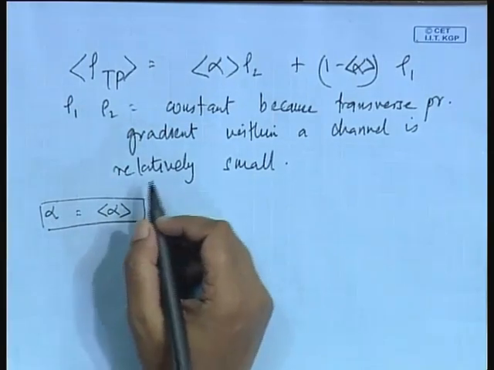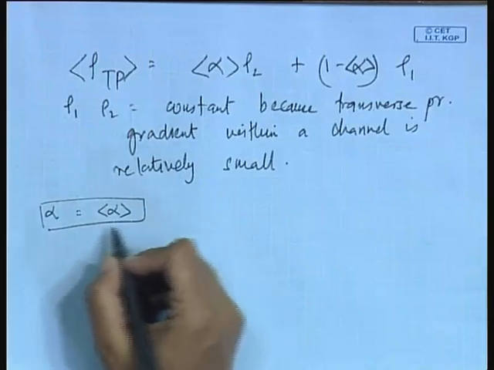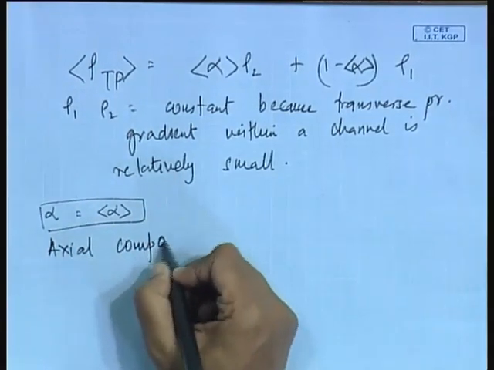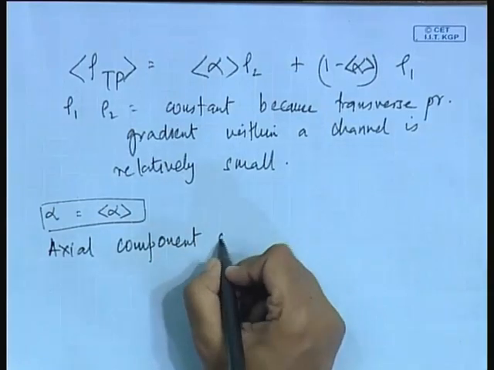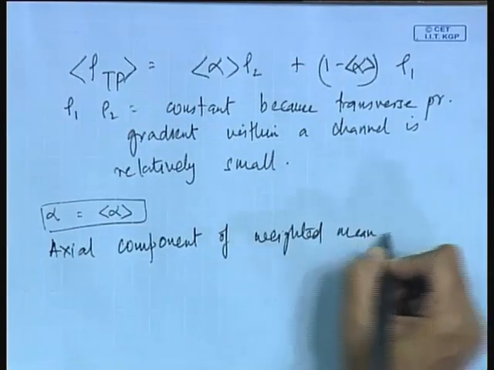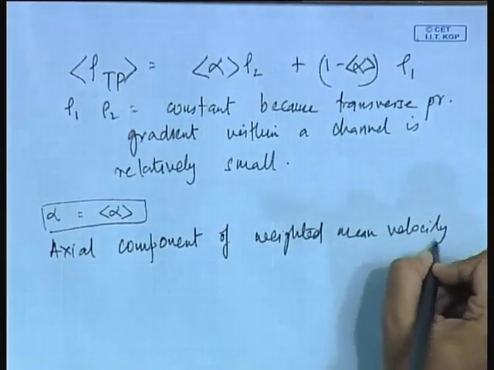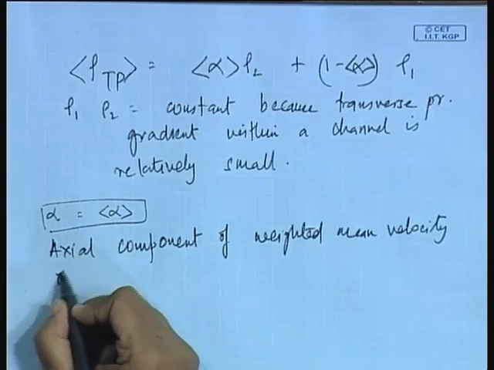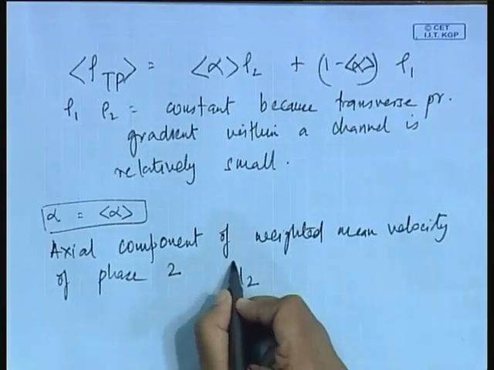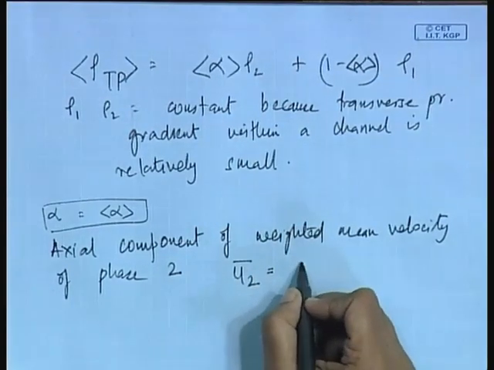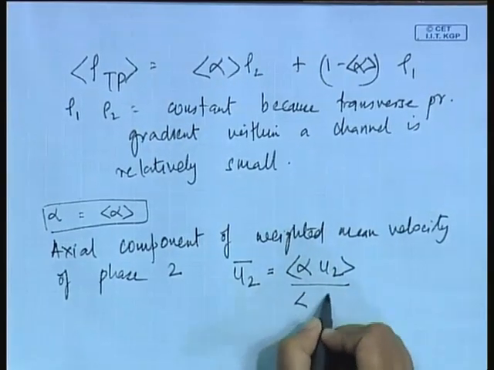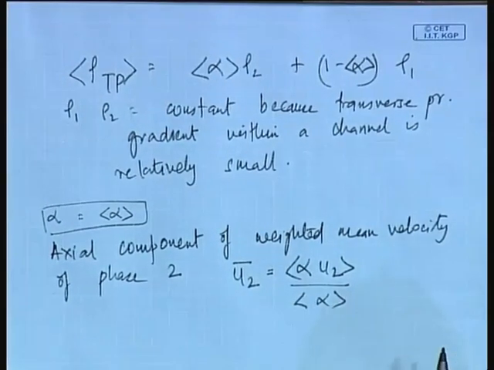In the same way, we find, say, the axial component of weighted mean velocity. Suppose the U2, axial component of weighted mean velocity of phase 2. So, this is going to be U2 bar. If we write, this is alpha U2 divided by alpha. Agreed?